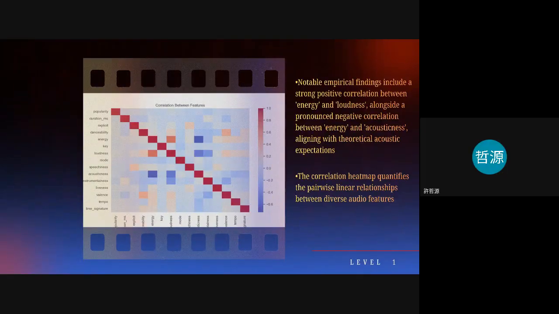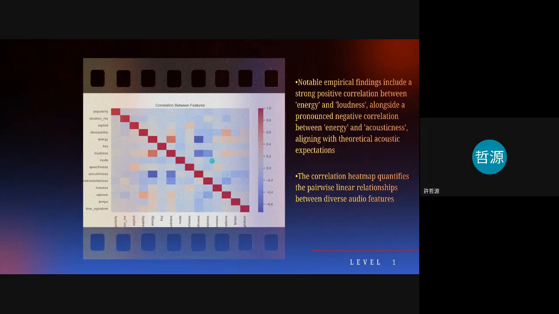This correlation heatmap of audio attributes is our final level one requirement. To read it, simply look at the color scale on the right. Dark red means a strong positive correlation, deep blue means a strong negative correlation, and light colors mean no relationship.